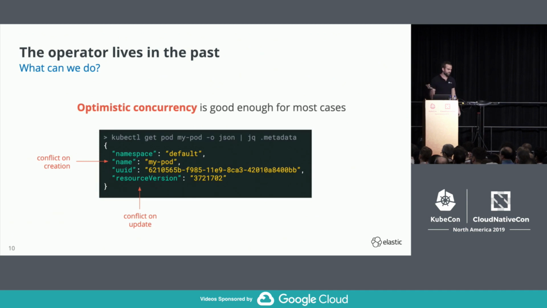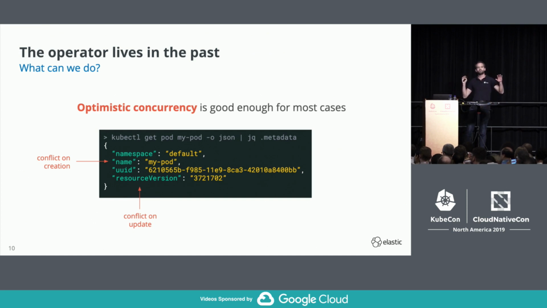So what can we do about it? Well, we're lucky because in most situations it's just fine. We don't have to worry about it. The reason is Kubernetes has this concept of optimistic concurrency implemented there by default. When you do a creation, the resource you create has a name and probably a namespace.